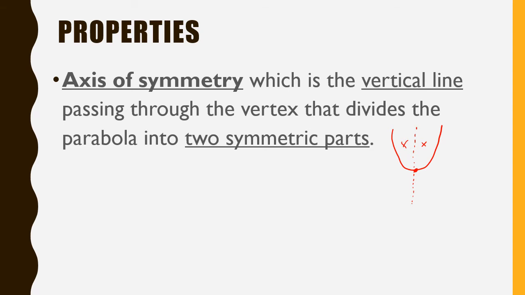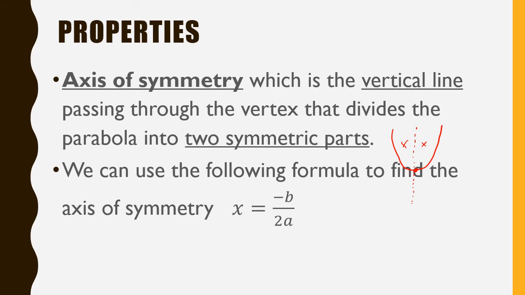Now, this axis of symmetry has an equation, a linear equation for a vertical line, and this equation can be represented by x equals negative b over 2a.